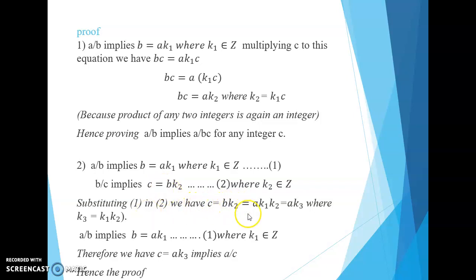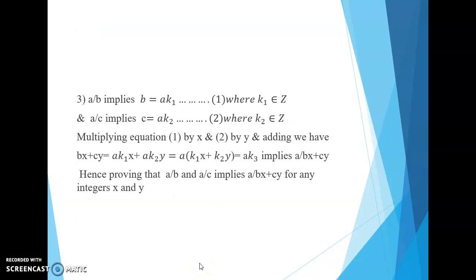That B we can replace by AK1. Again, the product of two integers is again an integer. So, we are having C is equal to AK3. Implies that A divides C. Hence the proof.